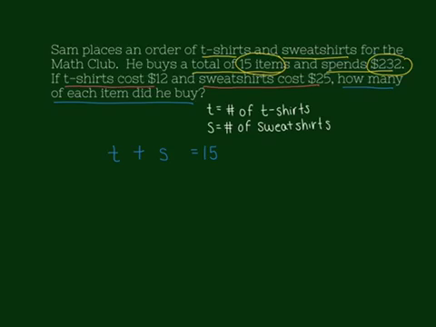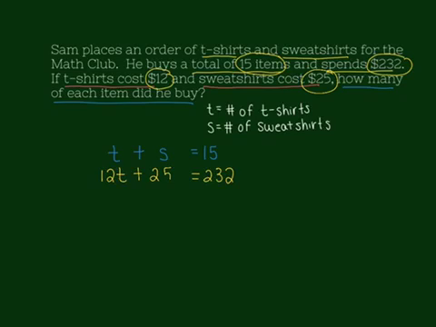The second thing we know is how much he spent. So we know that he spent $232. So he spent $12 on every t-shirt. So 12 times however many t-shirts he bought. And he spent $25 on every sweatshirt.